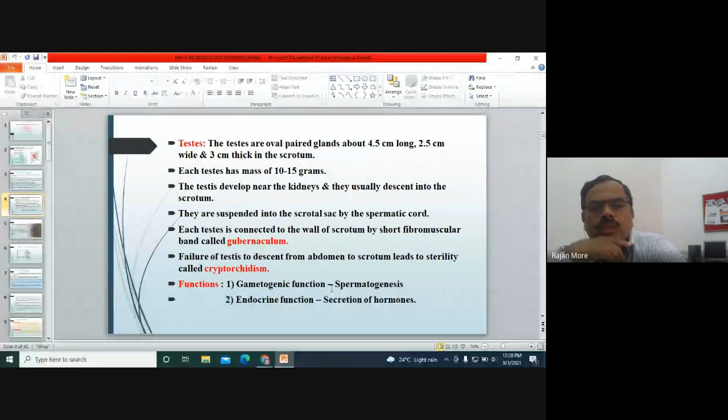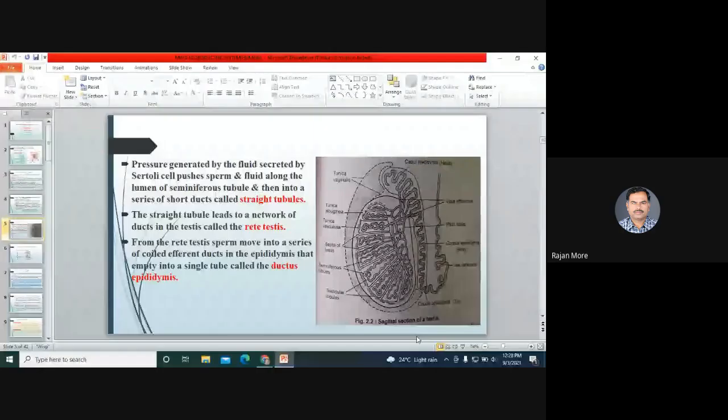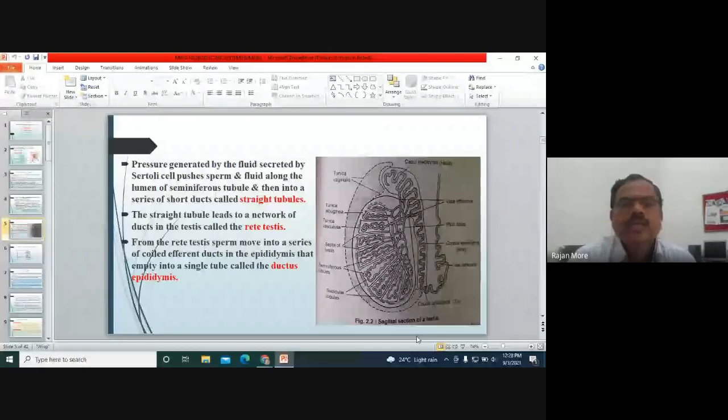The major function of the testis is the gametogenic function, producing sperms by spermatogenesis.